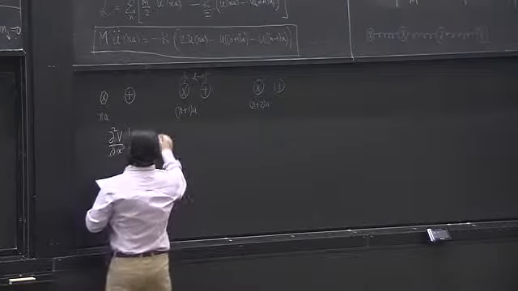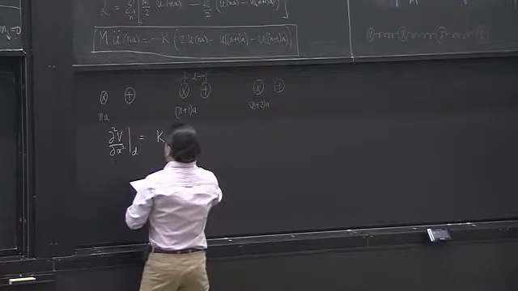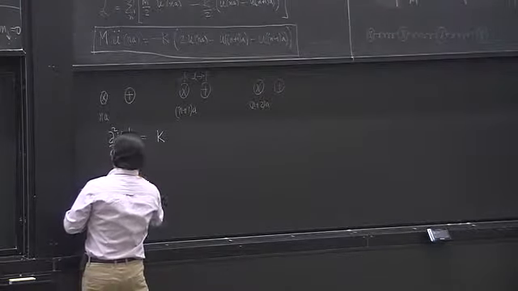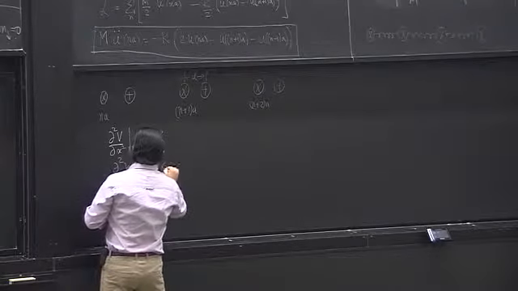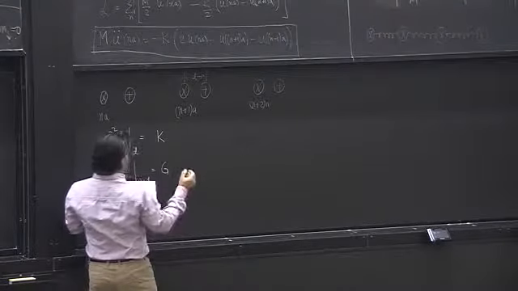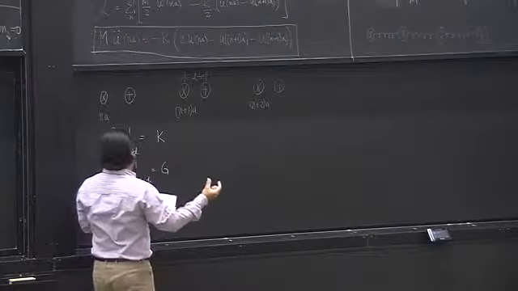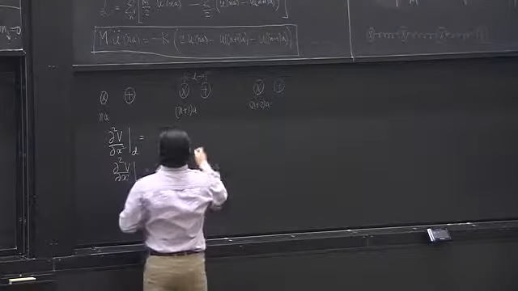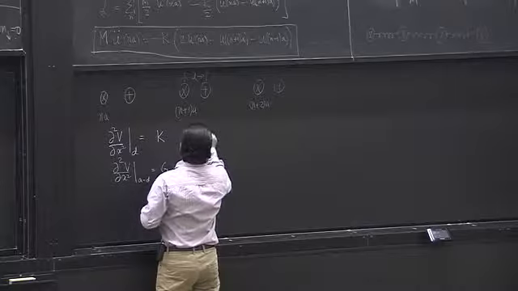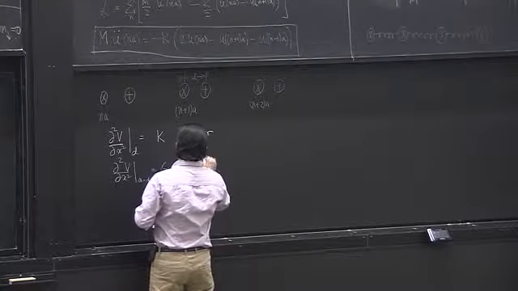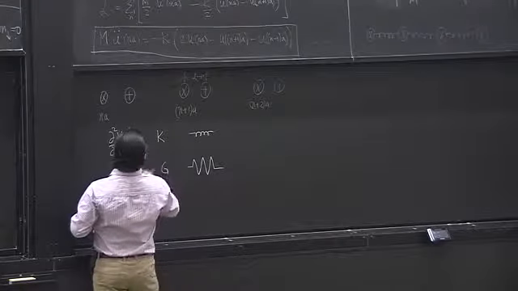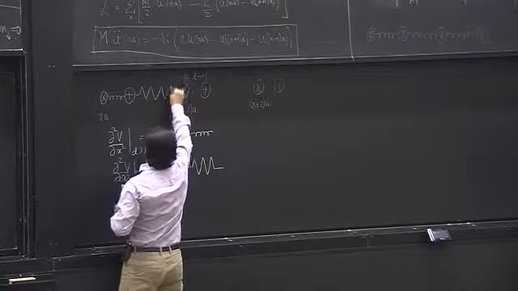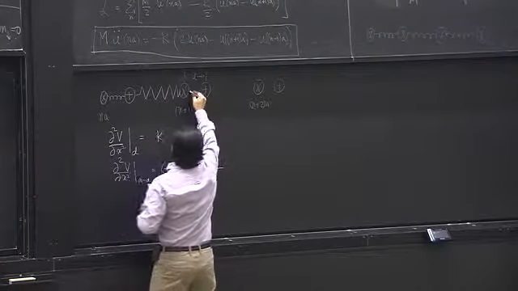So you will have two types of springs, and we are going to call them K and G. So K spring is the spring constant corresponding to the distance between the ions, that is d. Let's denote it by this, and the G spring is denoted like this. So what you really have is this spring and this.